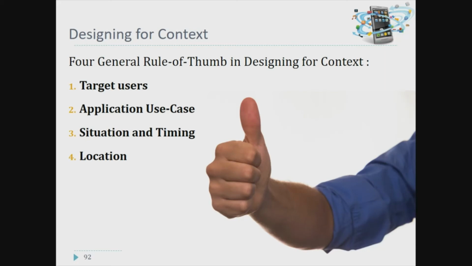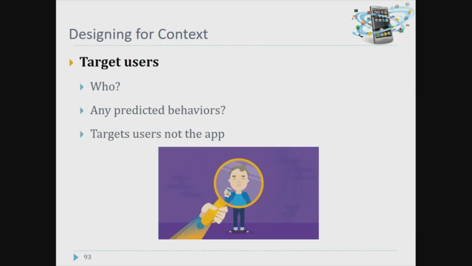When you want to develop a mobile application, you should know what type of target users you have. Second, the application use case. What is the application's functionality? What is the ability of your application? Third, situation and timing. And fourth is location.